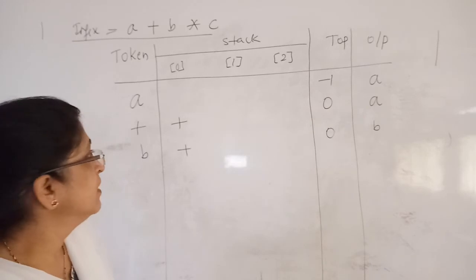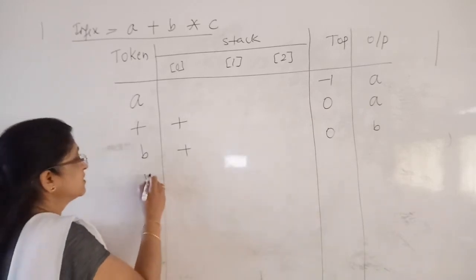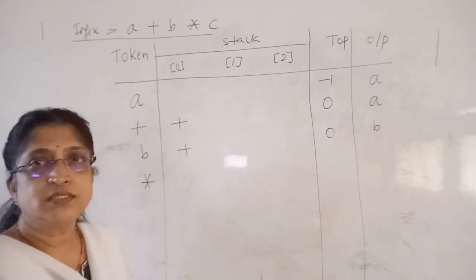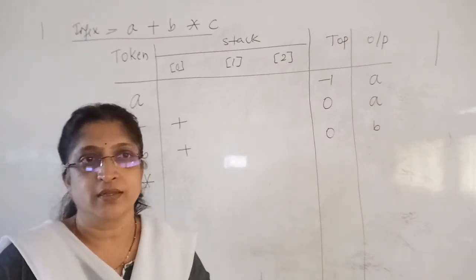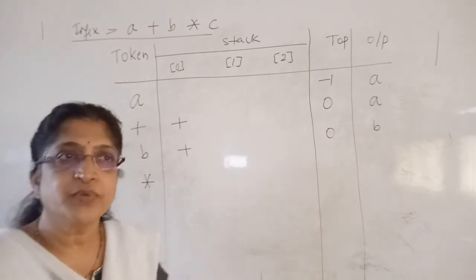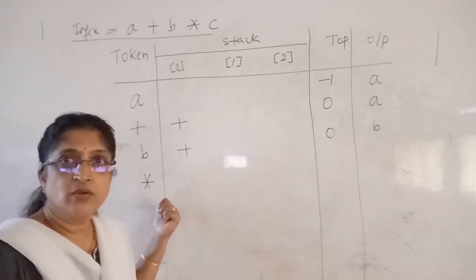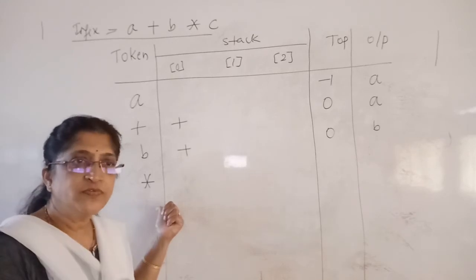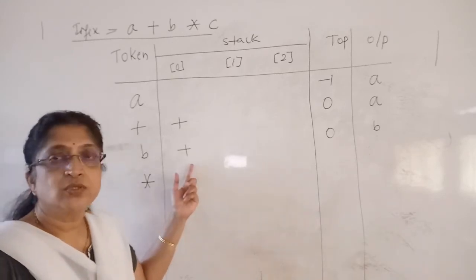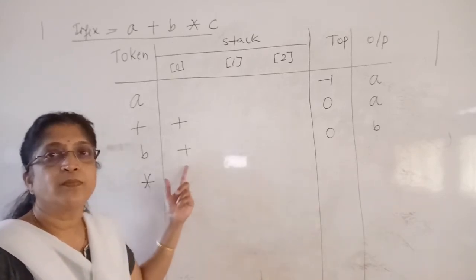Then the next one is star. Since my next token is star, I cannot just output it. I have to compare the precedence of star with the top element of the stack. On top of the stack we have plus. So consider the precedence of star with plus.